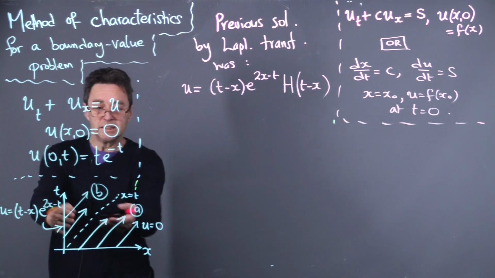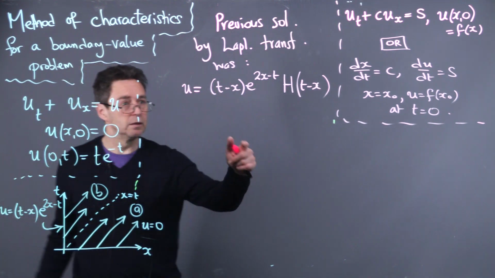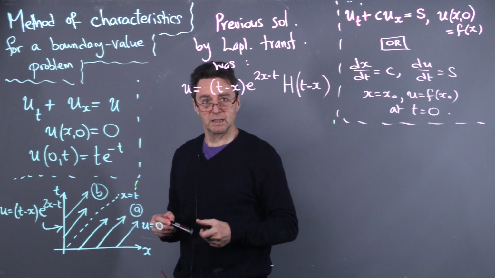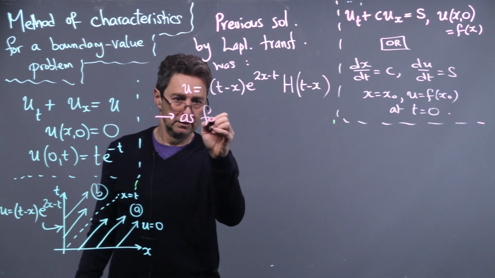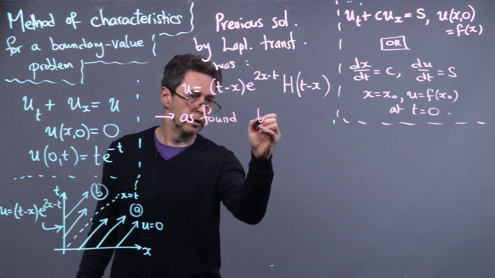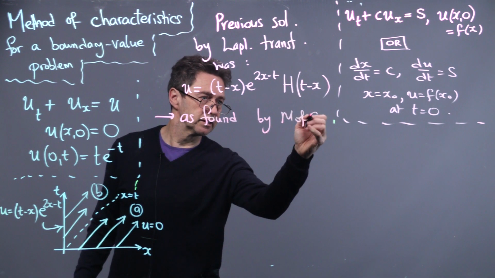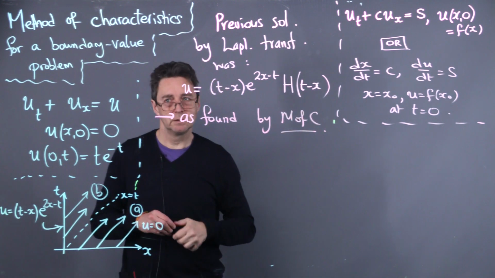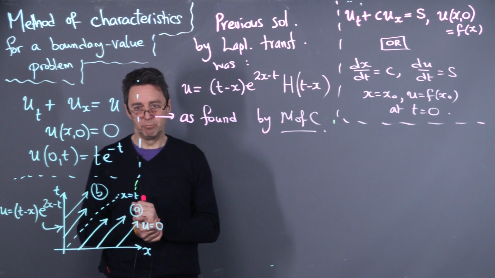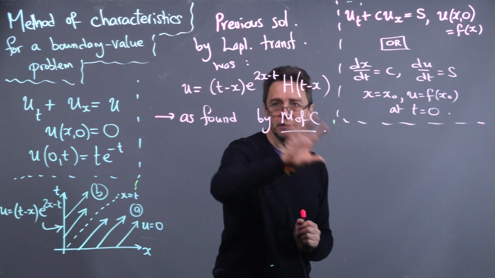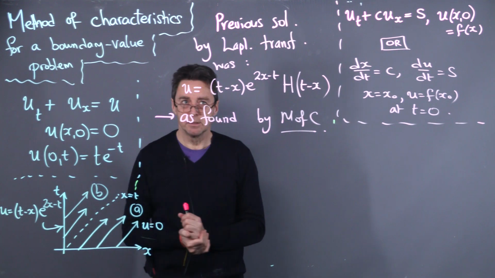The step function takes into account the switch completely, and so I realize that I've got exactly that, as found by the method of characteristics. Okay, so we've recovered what we already knew. And you might possibly view that this was easier than doing it that way.